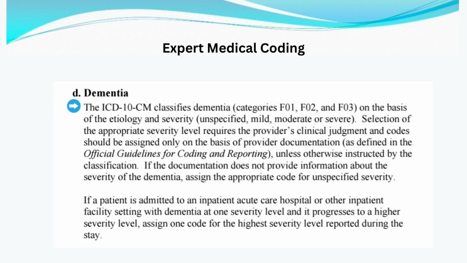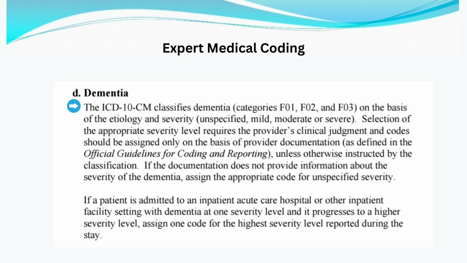The ICD-10-CM classifies dementia categories F01, F02 and F03 on the basis of etiology and severity: unspecified, mild, moderate or severe. Selection of the appropriate severity level requires the provider's clinical judgment, and codes should be assigned only on the basis of provider documentation as defined in the official guideline for coding and reporting, unless otherwise instructed by the classification.